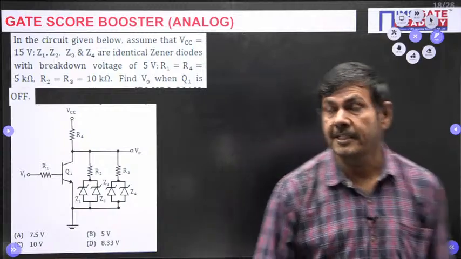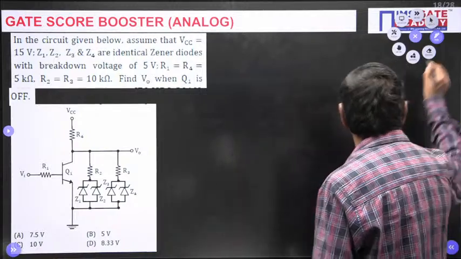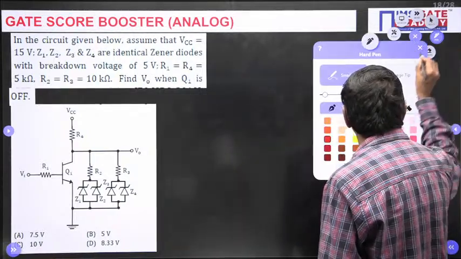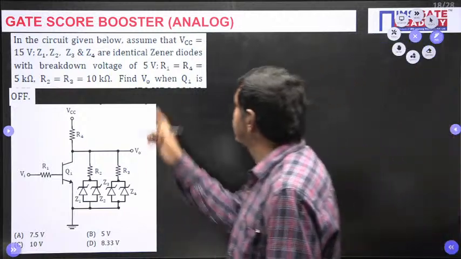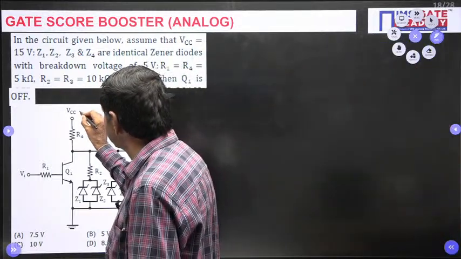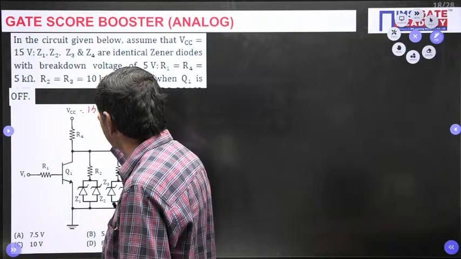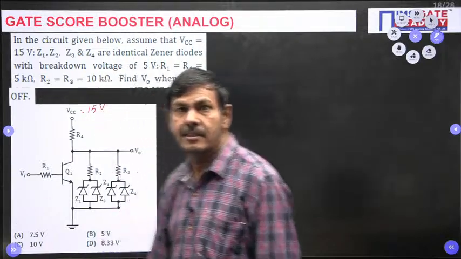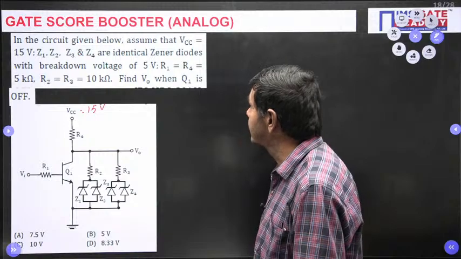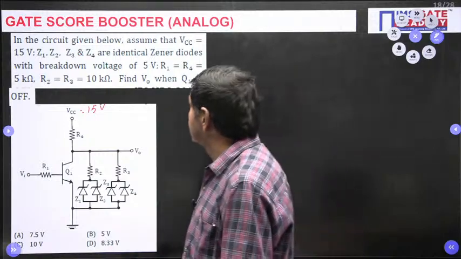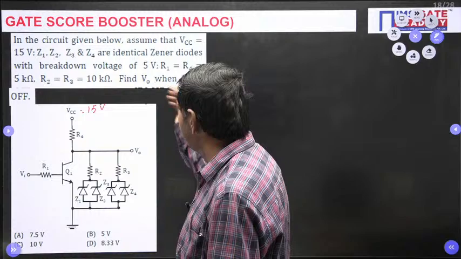Yes, the problem gives certain parameters. Please watch what they are. VCC is given as 15 volts. The Zener diode breakdown voltage is 5 volts only.